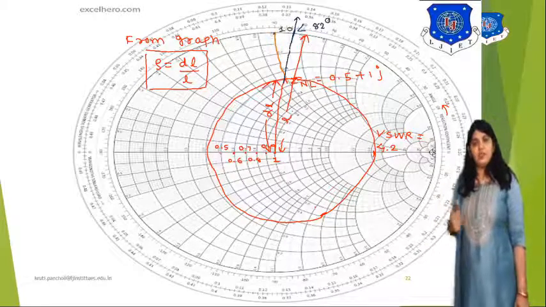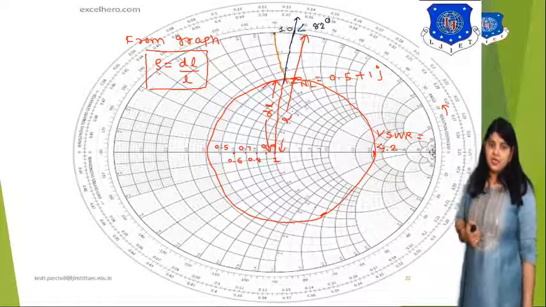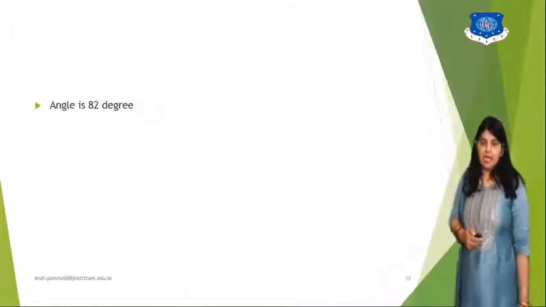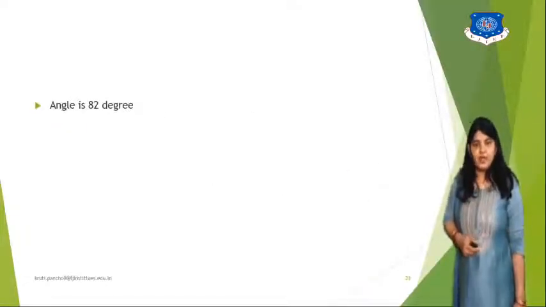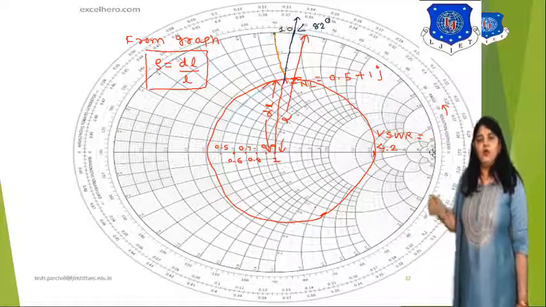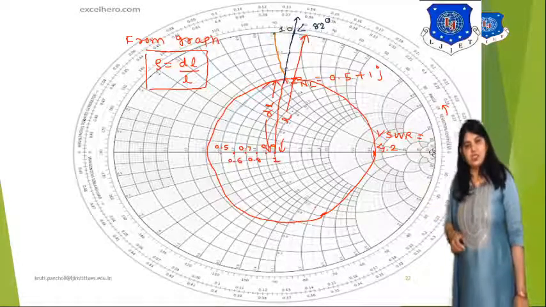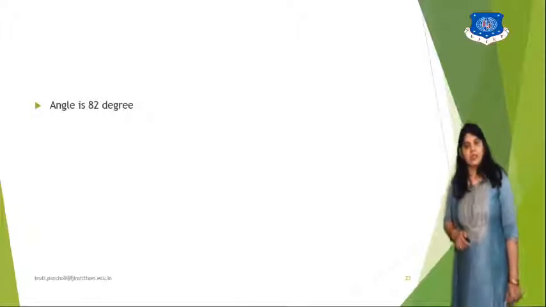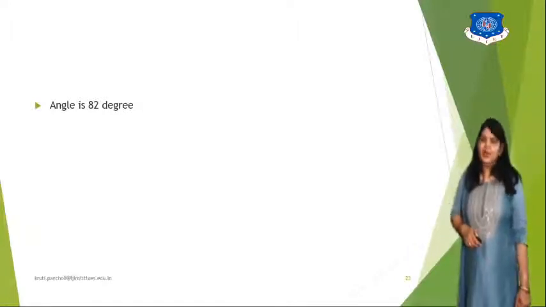So from the graphical method we can also say that rho is equal to dl upon L. So by measuring dl upon L, we can also find the value. You can see that dl upon L, and its angle is 82 degrees.